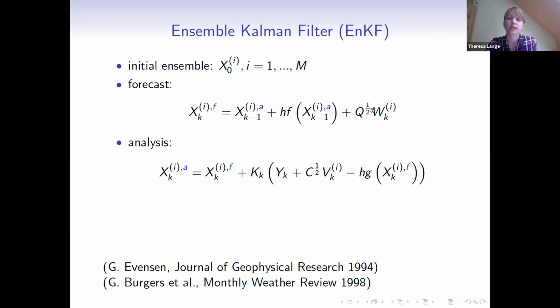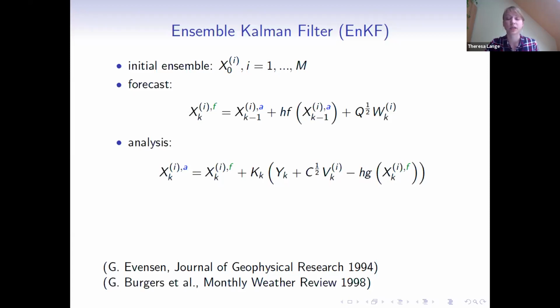But if you take the statistical mean of these Gaussians, then in the limit of increasing n, this will vanish. So in that sense, it is consistent with the Kalman filtering equation. Also in the analysis step, we perform again a convex combination, where now this K has the same structure as we have seen in the Kalman filter, but now depends on the forecast covariance matrix of the ensemble.